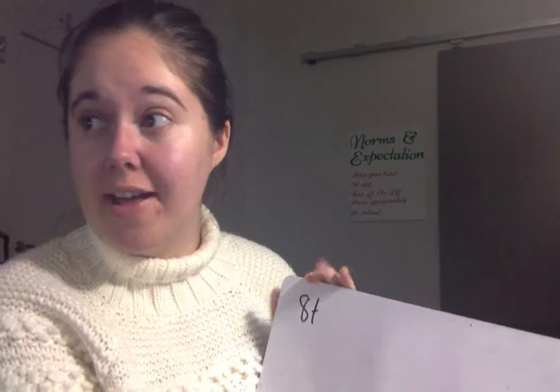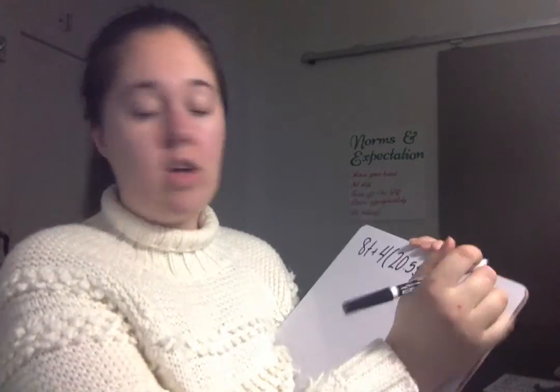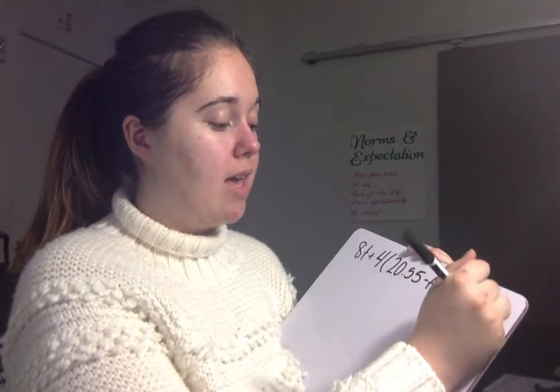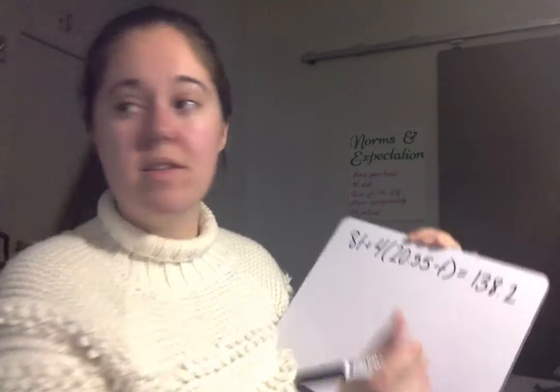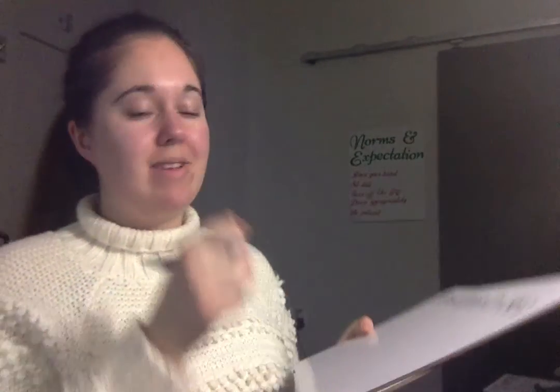That was Fred's, plus 4 times 20.55 minus t equals, oh, we know how long the race is, don't we? It's 138.2 miles. How handy is that going to be? All right, so we just need to figure out how much time it actually takes them.